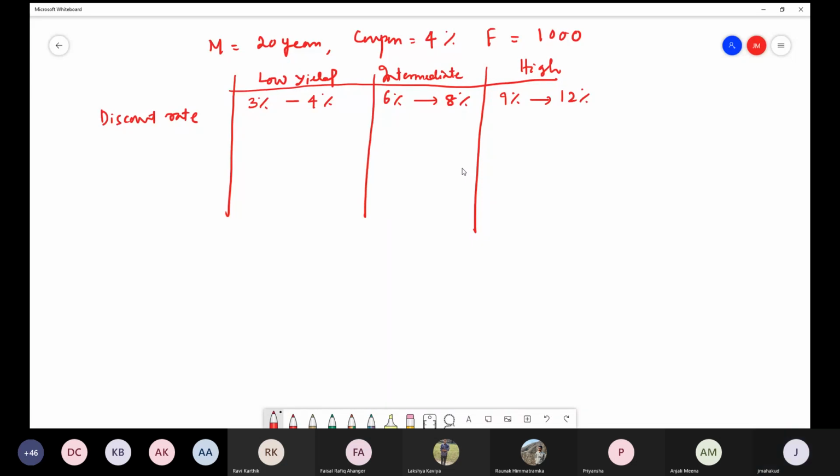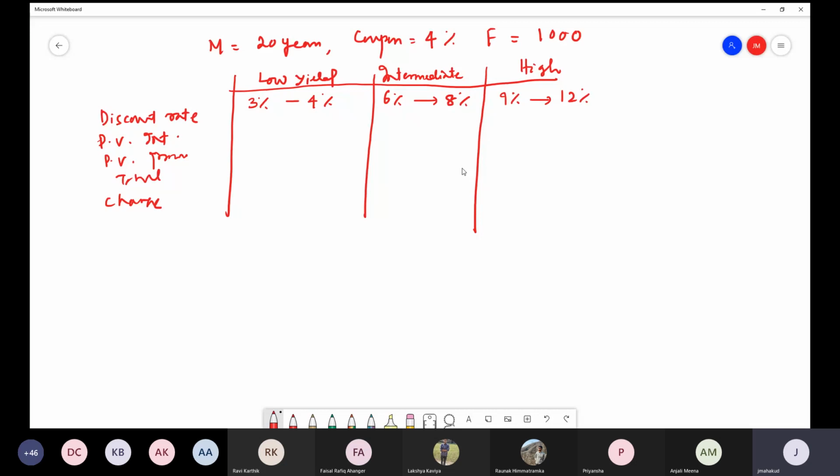Right? So if you calculate the value of the bond the same way, the present value of interest, the present value of principal, then the total value and the change.